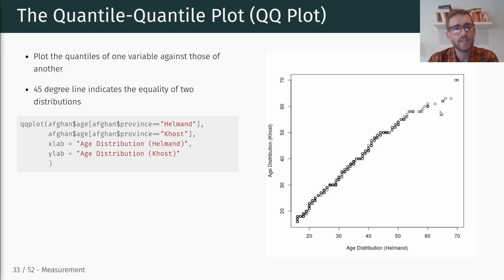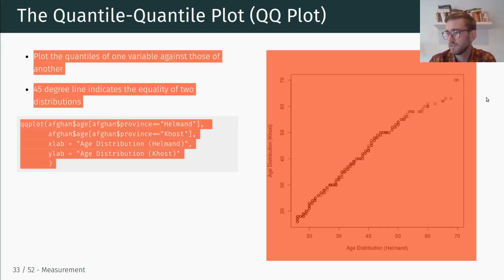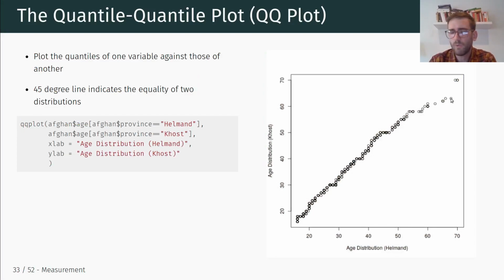And to understand why this is the case, think about what each of these individual points means, right? So this is the third quantile, right? So the third largest bin of the age distribution in Helmand and in Coast. And we see here for that individual quantile, the age is around 69 for Helmand, and the same quantile in the age distribution of Coast is around 60, so it is lower, right?